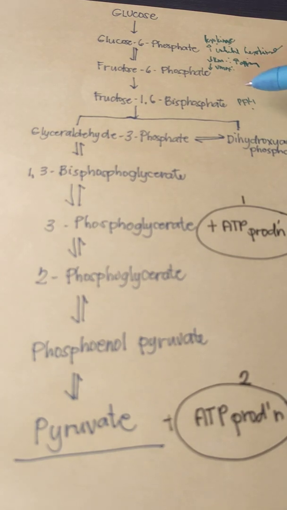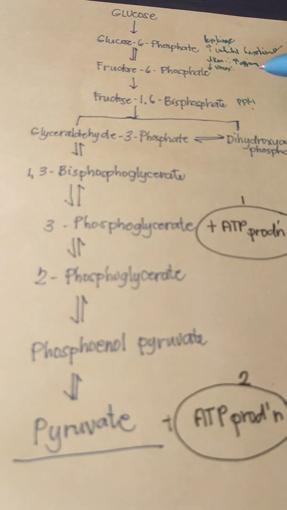Now, what activates your PFK1 is, of course, the opposite. If increased ATP will inhibit PFK1, then a decrease in ATP means you have an increase in AMP. If there is an increased AMP, it could activate the PFK1.